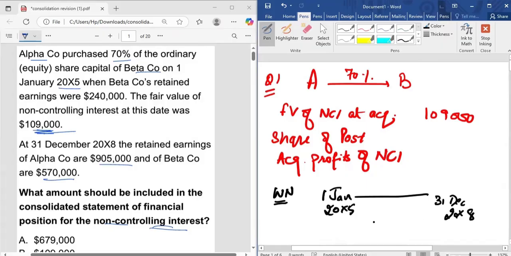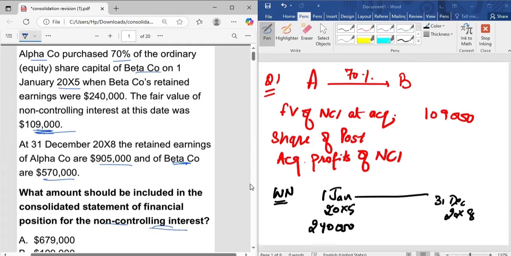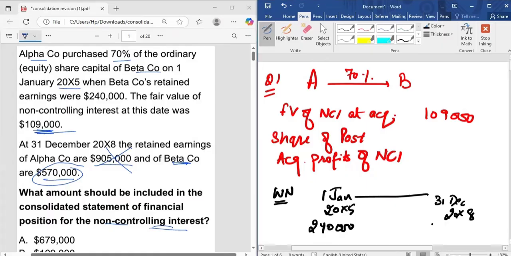So when we acquired this company, its retained earnings were 2,40,000. And today, we have to see Beta company's retained earnings. We don't have to do anything with Alpha company's retained earnings. Just ignore it because NCI has a share in subsidiary company's profits. So we'll look at the retained earnings of subsidiary only, which is Beta. That is 5,70,000.